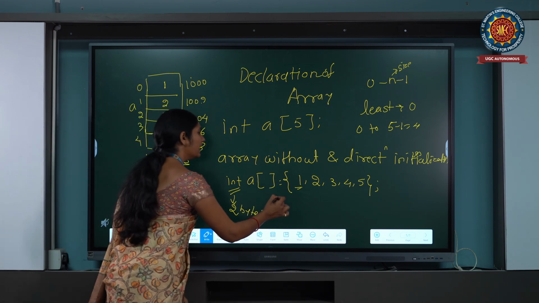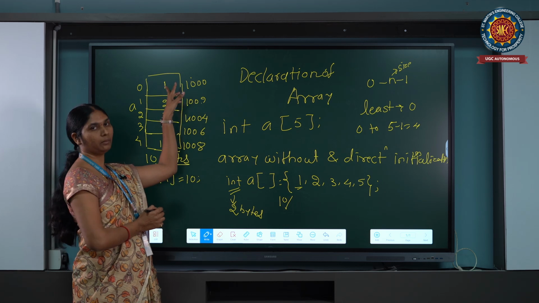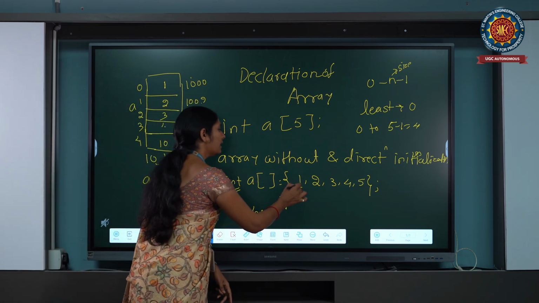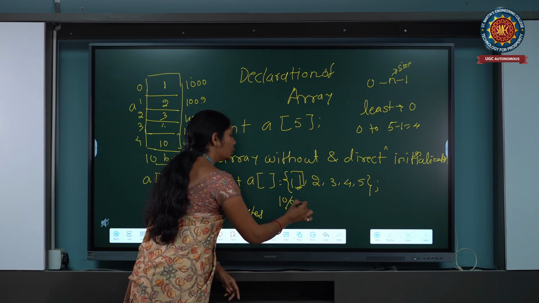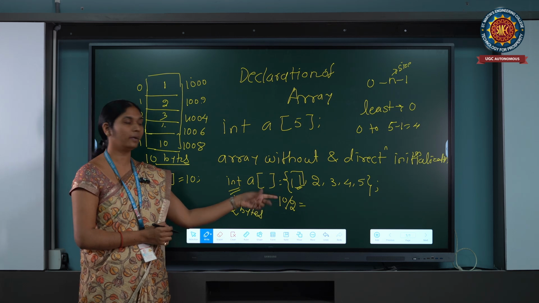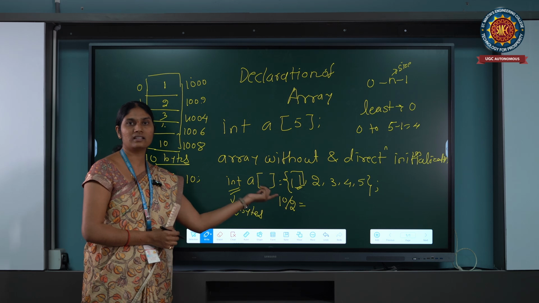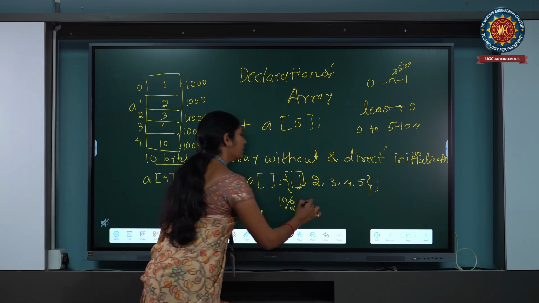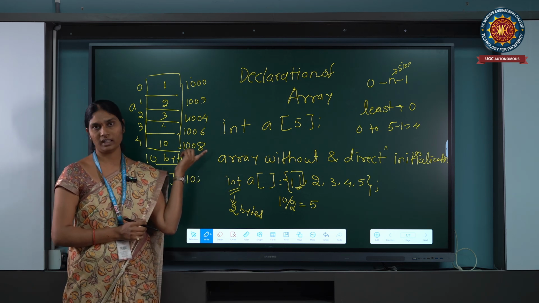What is the size of the array? 10. And how many bytes is the first element allocated? The first element of the array is allocated 2 bytes. We divide the total size of the array by the size of the first element, that is 10 by 2, which gives 5. Then we can directly calculate the number of elements in the array.